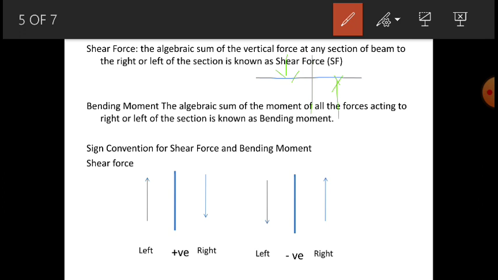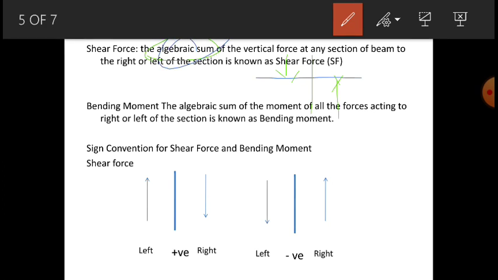It might be to the left of the section or the right of the section. Suppose we consider positive force. So when we have a difference in signs, then we'll be having an algebraic sum, right?